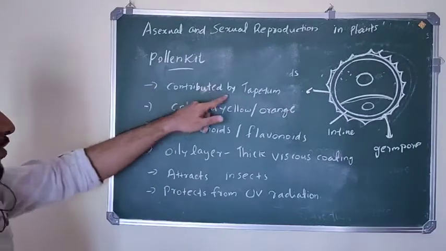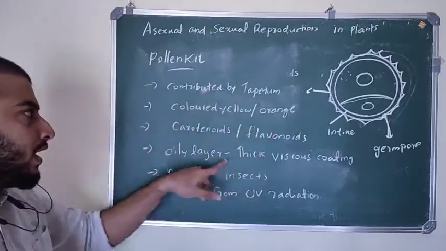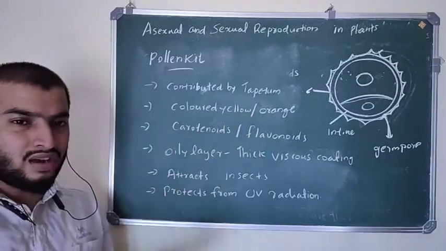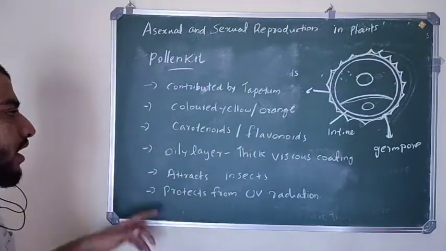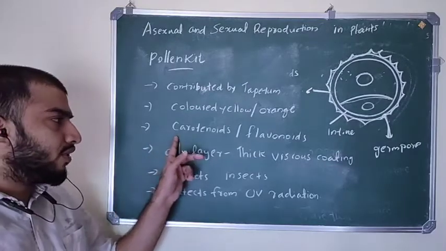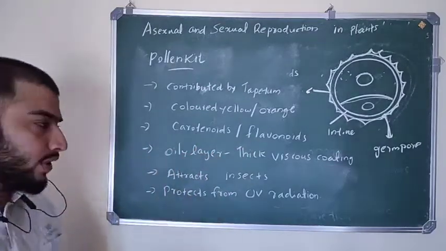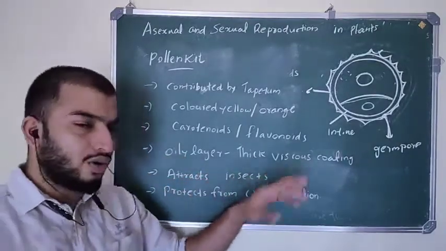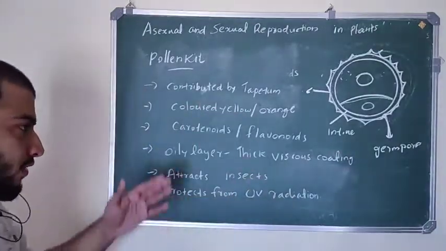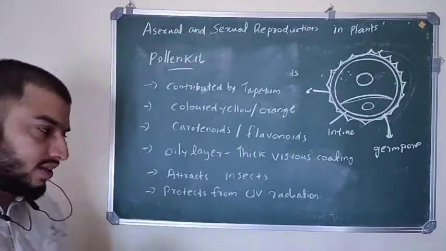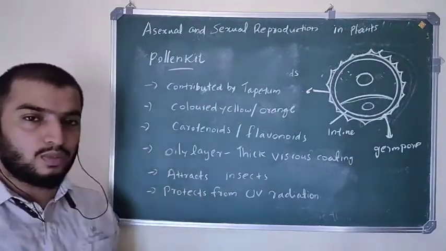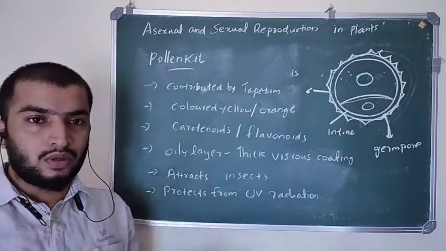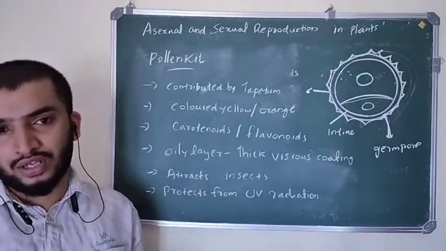It is contributed by the tapetum, it has a yellow or orange color, and it is derived from carotenoids or flavonoids. It is something like an oily layer or a thick viscous coating on the pollen surface, which attracts insects and protects the pollen from UV radiation. Okay, so this is about sporopollenin and pollen kit.